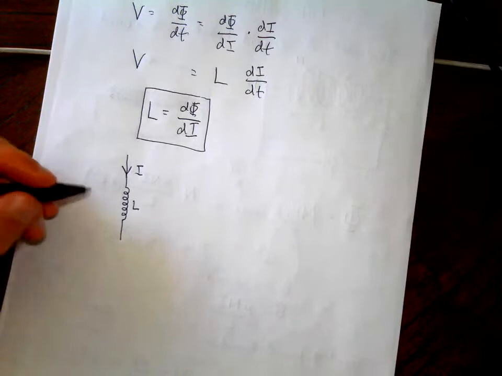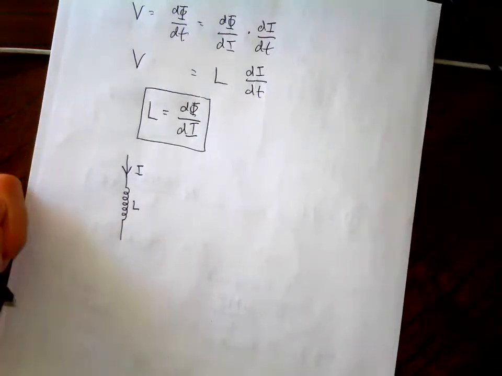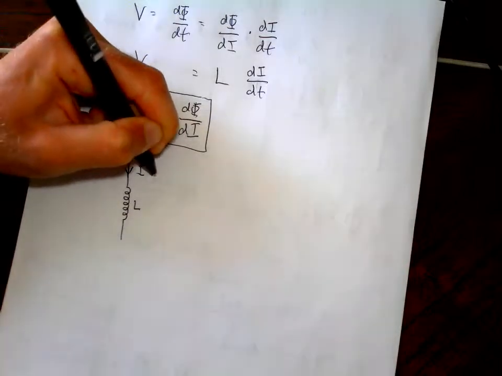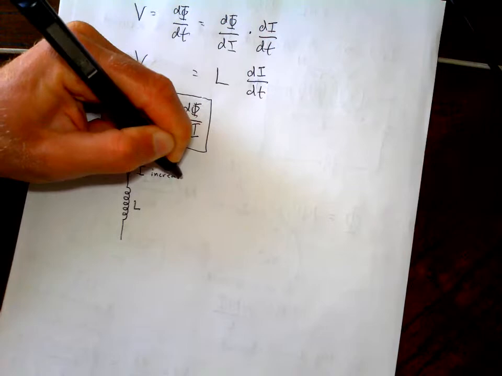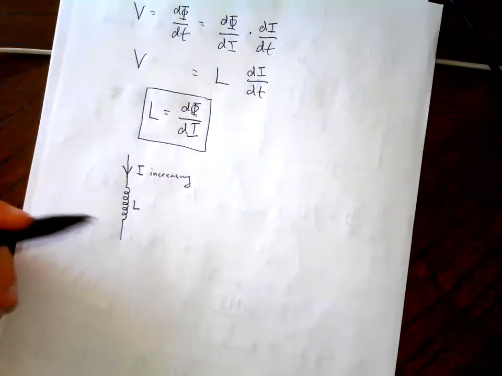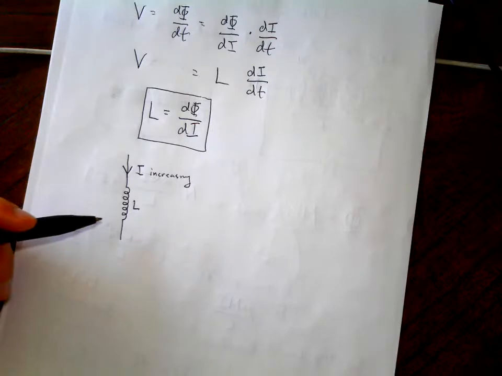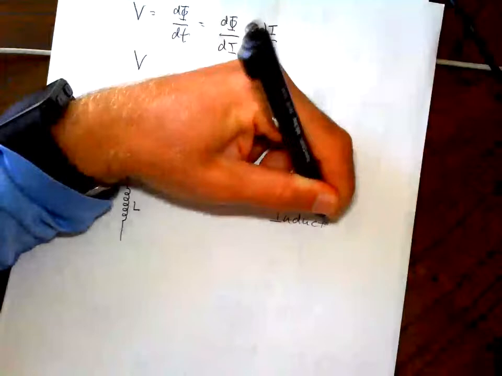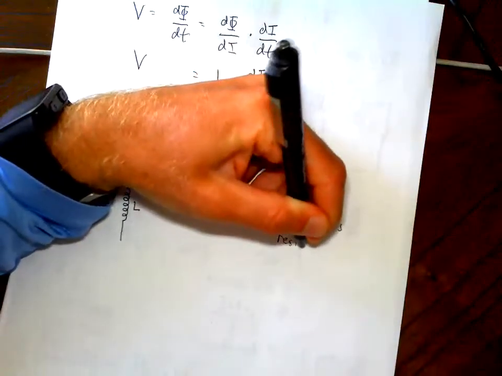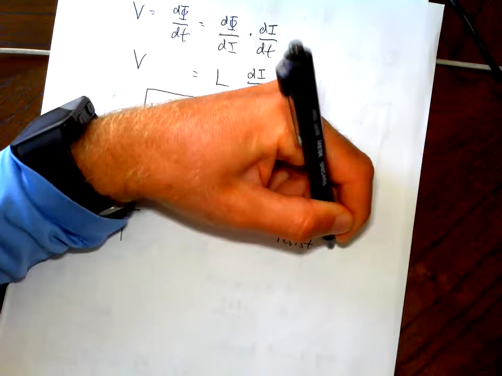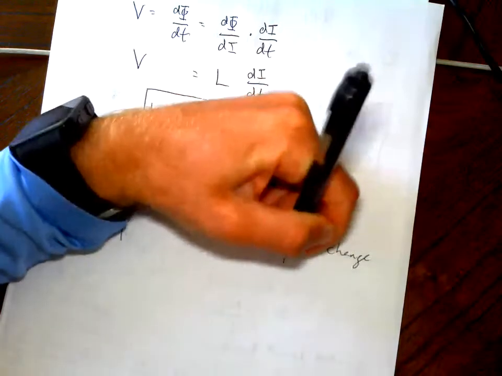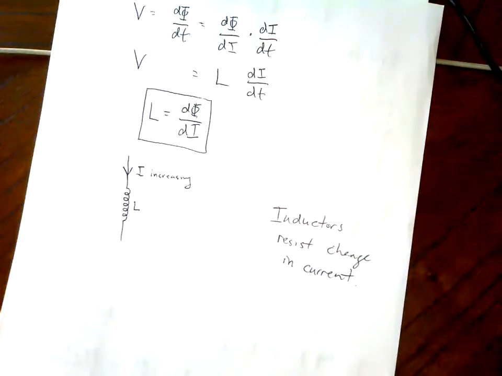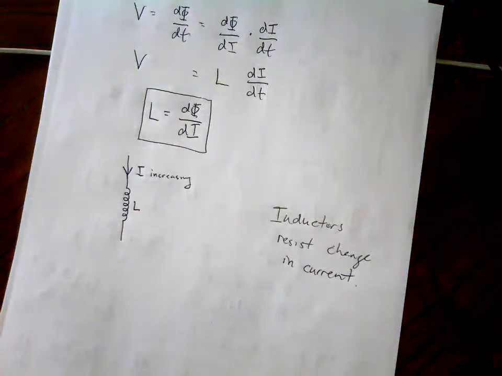If you try to increase the amount of current that flows through the inductor, so let's say I is increasing, so this current is getting bigger, then the inductor resists the change in current. So inductors resist the change in current.